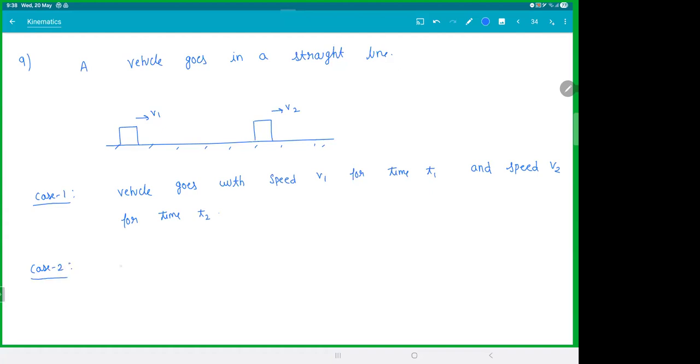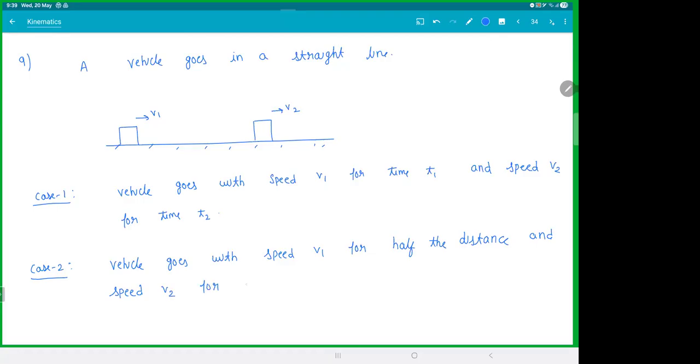Case 2, vehicle goes with speed V1 for half the distance, speed V2 for remaining half.